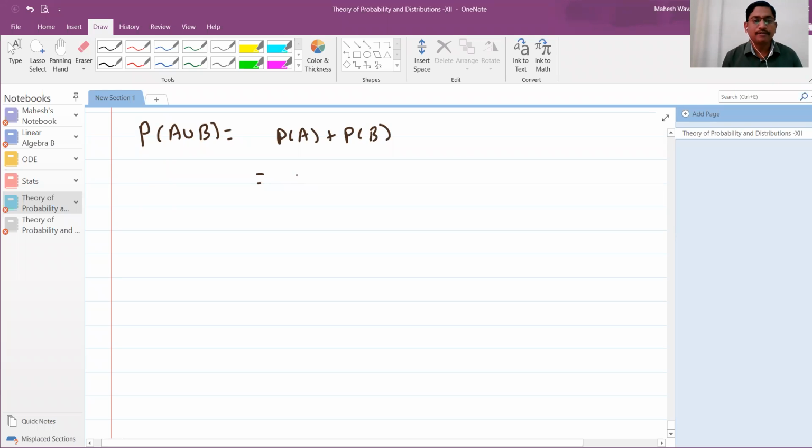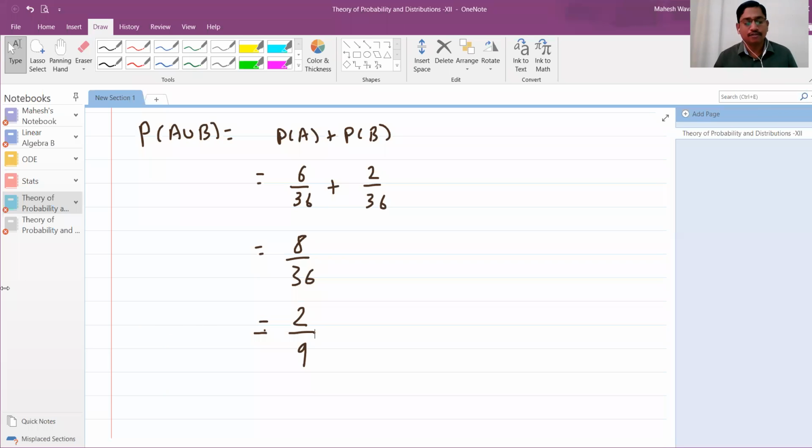Probability of A is 6 upon 36, and probability of B is 2 upon 36. It is a total of 8 upon 36, which comes to 2 upon 9, as 4 is common in numerator and denominator and you can cancel it. So this is the probability of getting a sum of 7 or 11 when 2 dice are tossed.